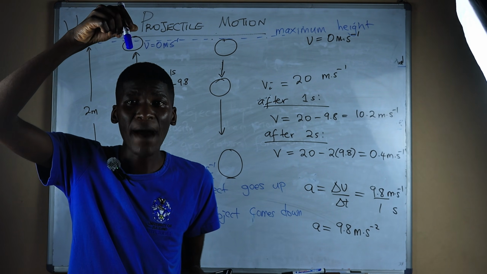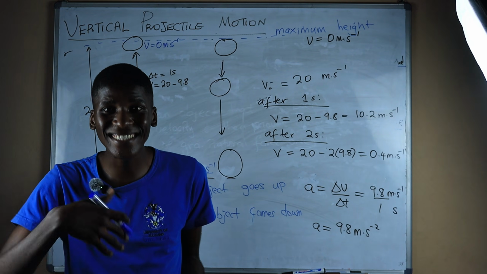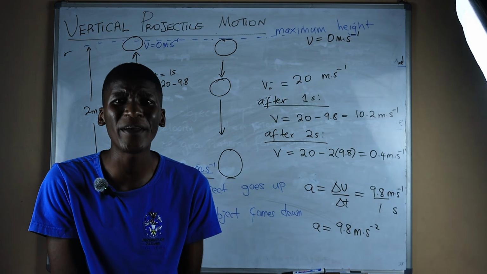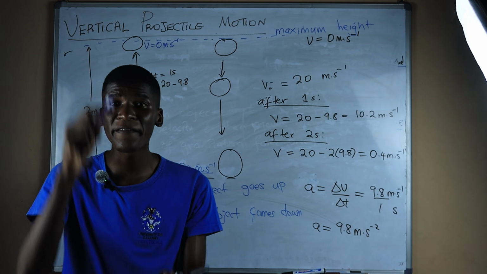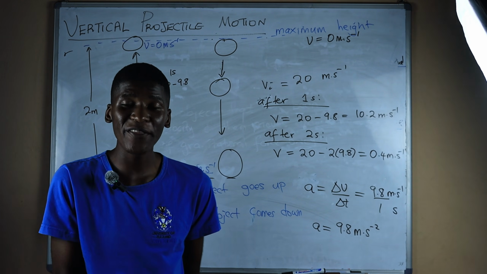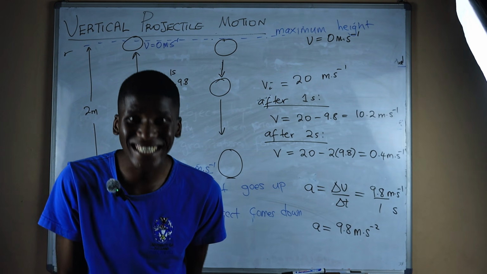But now when it comes back to your hand, it starts gaining velocity. It starts speeding up and comes back hitting your hand with a lot of speed, because it's increasing its velocity as it comes back down. So when I throw it up, the velocity decreases, but when it comes back down, it increases.